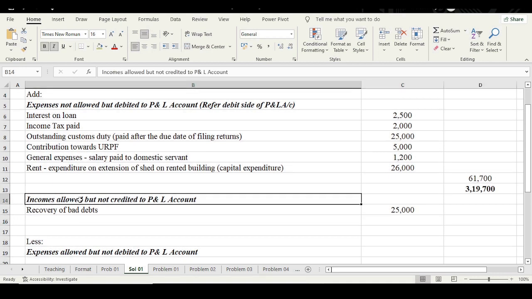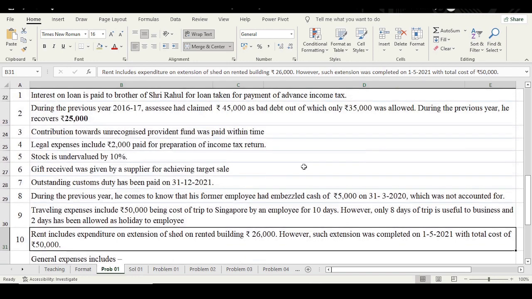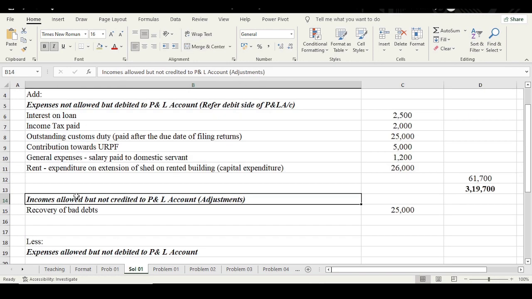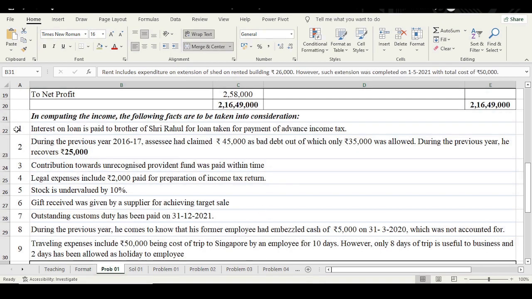Now let us go ahead and check the incomes which are allowed but not credited to P&L account. So you don't find these items on the credit side of the P&L account. So where do you have to refer to these items? We have to refer to the adjustments. So let's quickly go through the adjustments and find out whether there are any incomes which are allowed but not credited to P&L account.